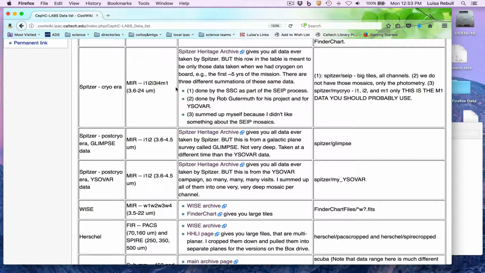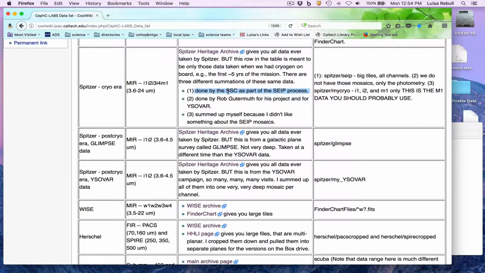Now, to further complicate matters, we've got several different reductions of the same data. There's one data reduction, which is done by the Spitzer Science Center as part of something called SEIP, Spitzer Enhanced Imaging Products. In the process of generating those SEIP products, what they did was they summed up all the available data for the cryo era.